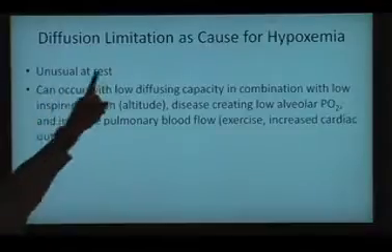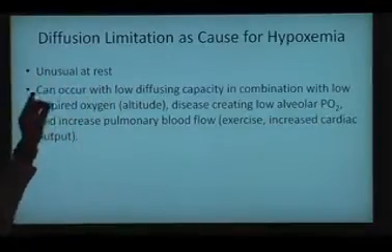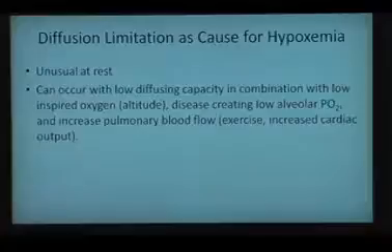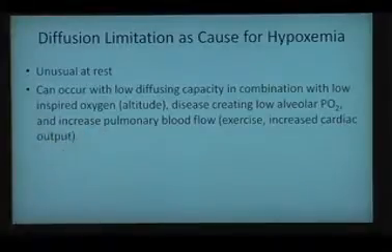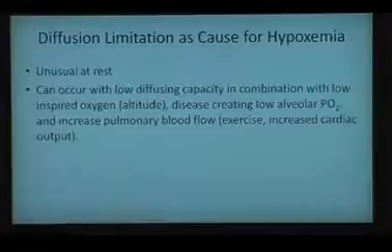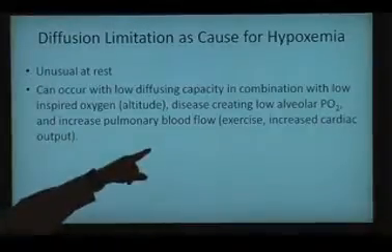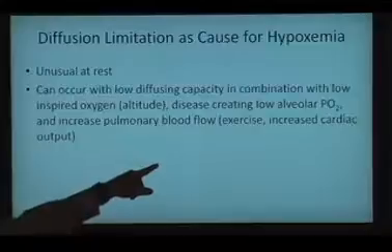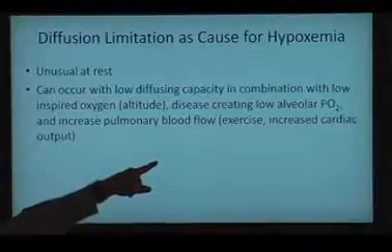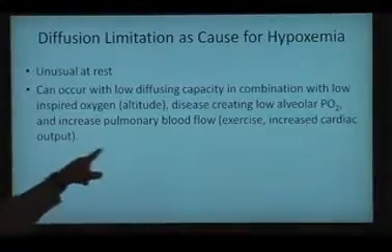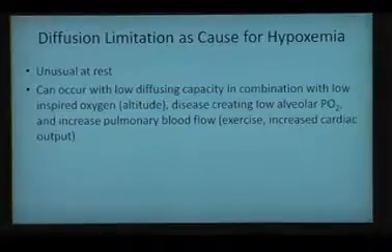However, diffusion limitation can be a cause of hypoxemia with a low diffusing capacity, COPD, pulmonary fibrosis, in combination with a low inspired oxygen, altitude, flying in an airplane, disease creating a low alveolar PO2, VQ mismatch, and an increase in pulmonary blood flow, such as with exercise, or in a patient with lung disease, if they have an increase in cardiac output secondary to things like sepsis.